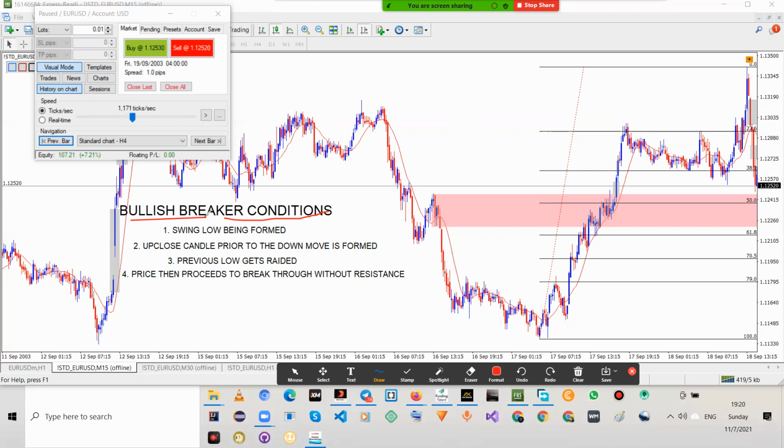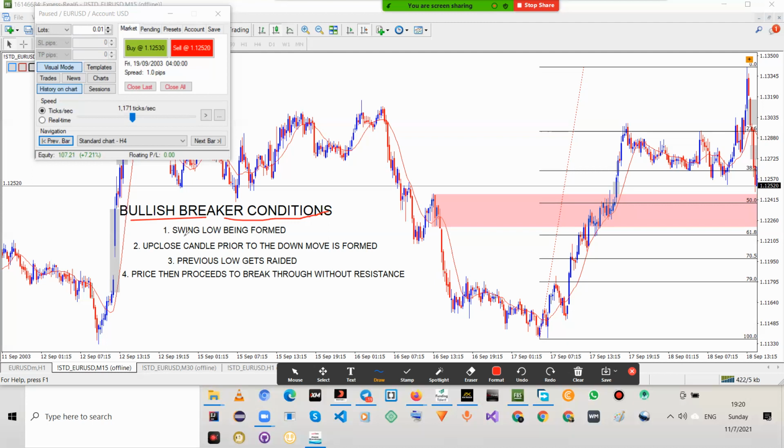So the first one is that there has to be a swing low being formed. Then the second one, an up close candle prior to the down move is formed. An up close candle, a bullish candle, is formed while the price is moving down, and the previous low is raided while the down move is being formed.